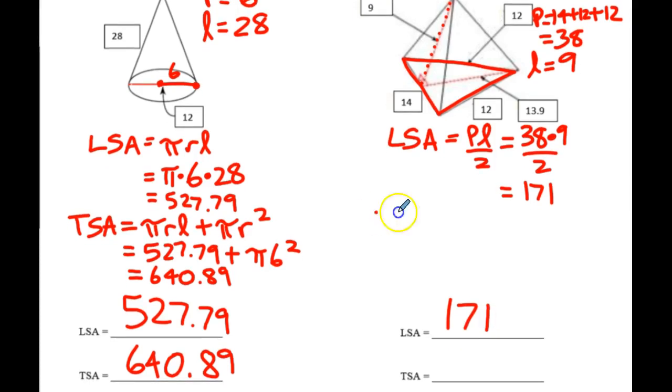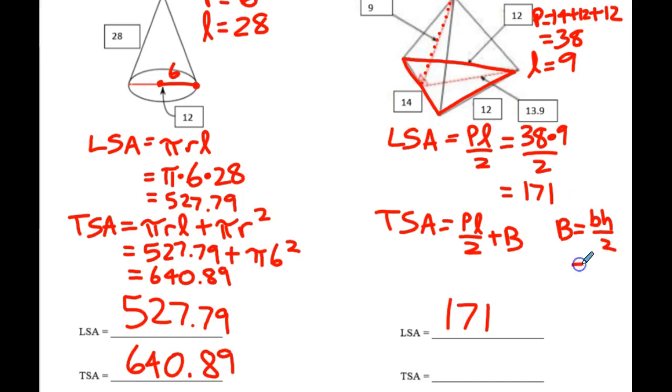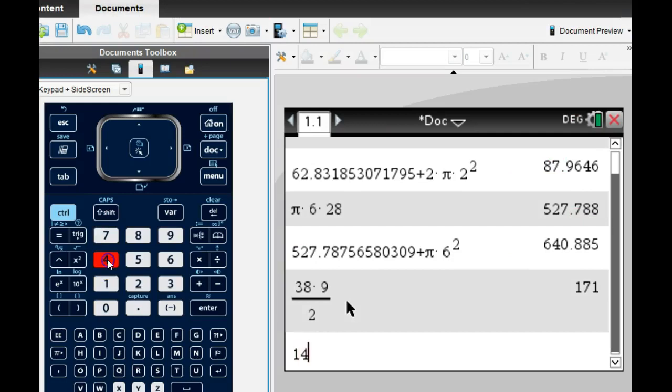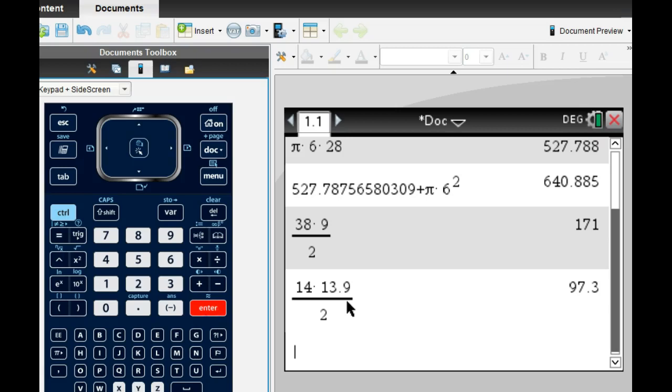And let's do the TSA, total surface area, equals PL over 2 plus big B. Off to the side here, big B for a triangle is little bh over 2. What is the little b? We got 14. What's the height of that triangle? 13.9. So 14 times 13.9 divided by 2. 97.3.